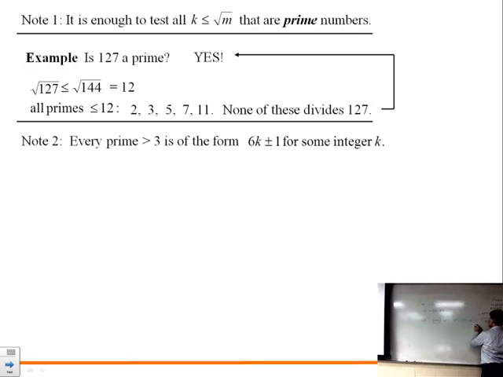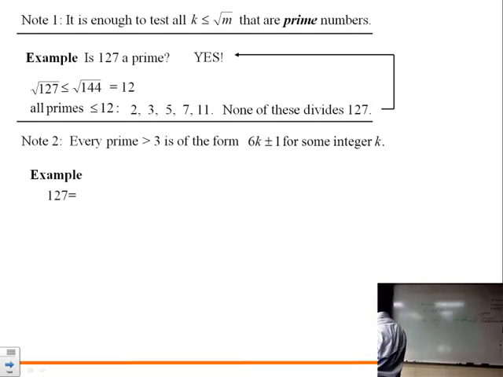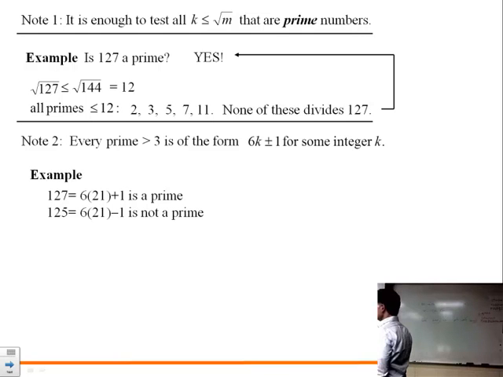Then I get to the next multiple of 6, and I repeat the pattern. So the only 2 possible primes here are that one and that one. Okay. So this happens to be a prime. The converse is not true. So here's something that's 1 less than a multiple of 6, but it's not prime because it's divisible by 5.